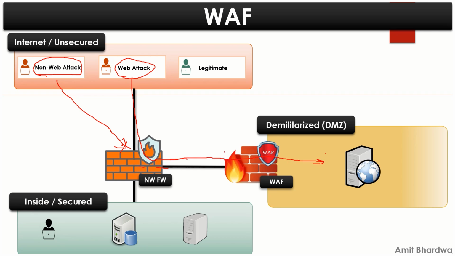And this is where the web application firewall stops these types of attacks based upon their anomaly, their signature, and related algorithms that the web application firewall can find, and hence these illegitimate web attacks from the internet can be stopped. But the legitimate users can easily communicate with the web application because the WAF has seen and the network firewall has seen that this is legitimate traffic which can be allowed to go.